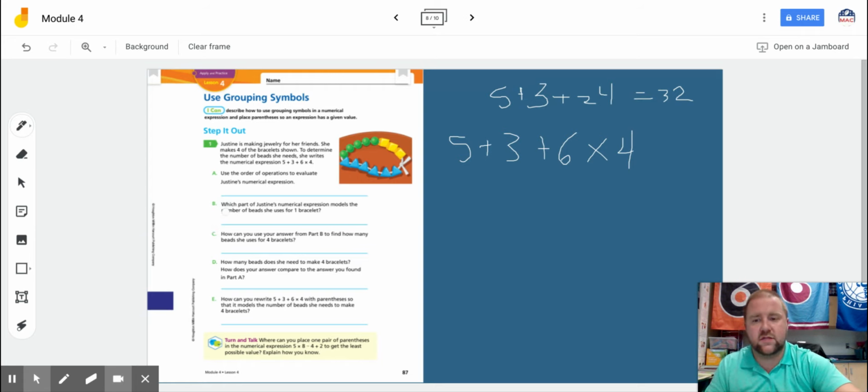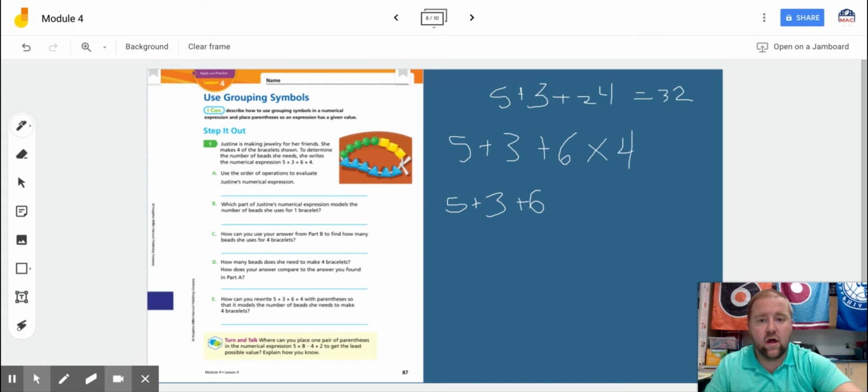Part B says, which part of Justine's numerical expression models the number of beads she uses for one bracelet? This was our picture of our bracelet with the green circles, the yellow squares, and the blue triangles. Those are the amount of beads we need for one bracelet. So it's 5 plus 3 plus 6.